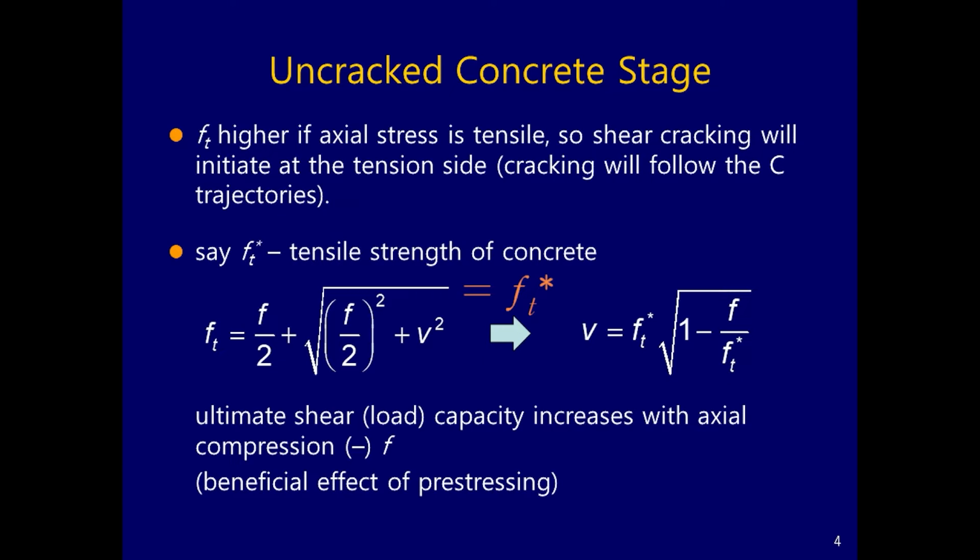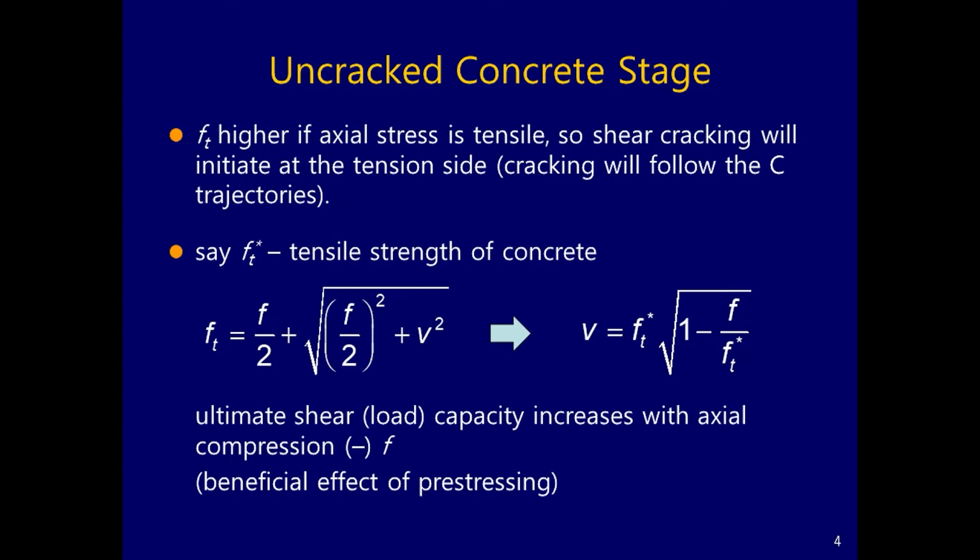And this equation can be expressed like this. It's just the same equation, okay? So in terms of V, you can express that with small f and small ft star.